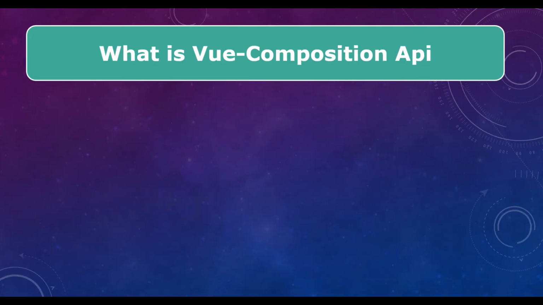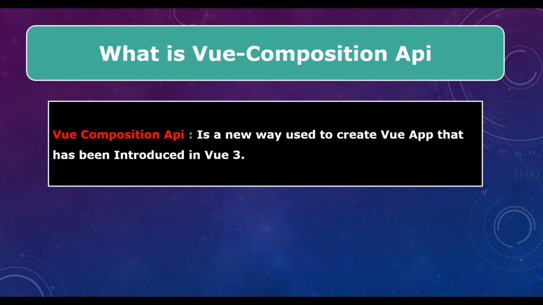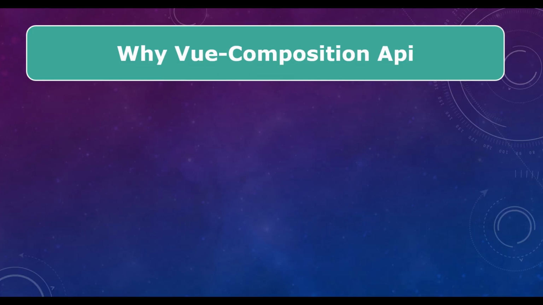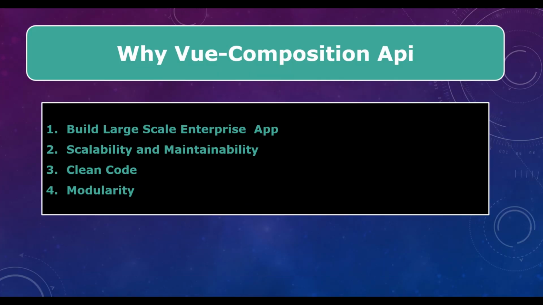Now, what is Vue Composition API? Vue Composition API is a new way, introduced in Vue 3, to build a Vue app. We use it because it has some advantages over Vue Option API. It promotes scalability and maintainability.